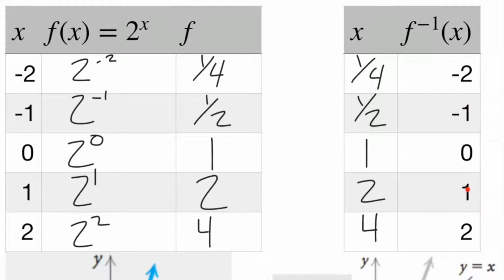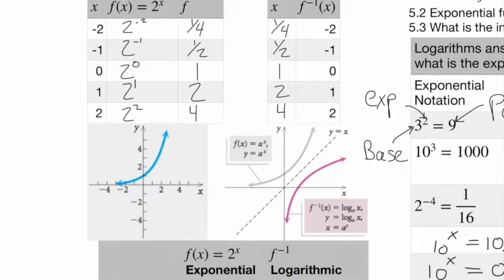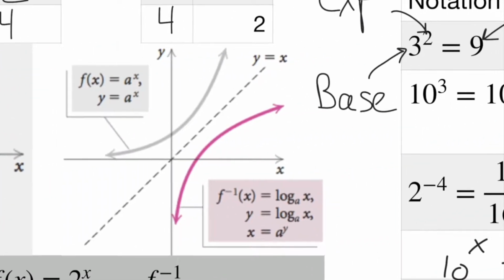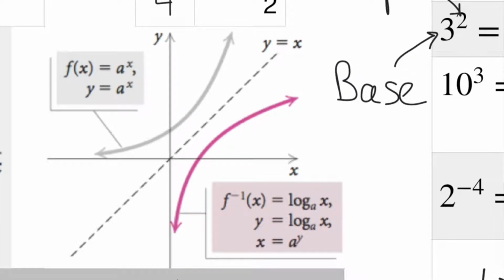I'm going to take the outputs and make them the new inputs: 1/4, 1/2, 1, 2, 4. Hey, we might as well graph them. Let's see what this looks like. Here's the original, and here's the graph of the inverse.